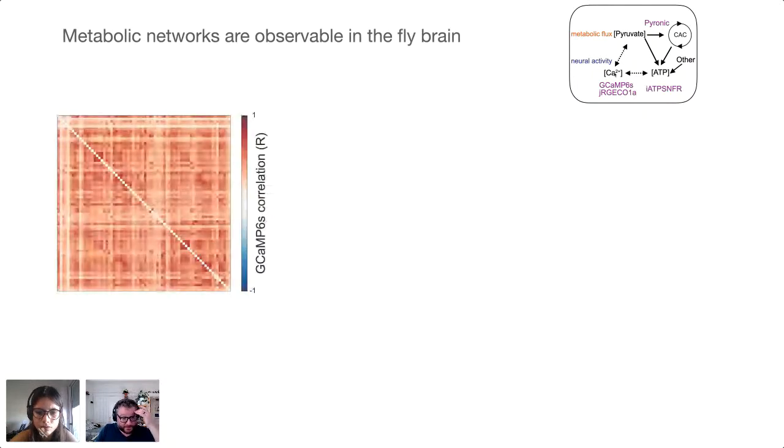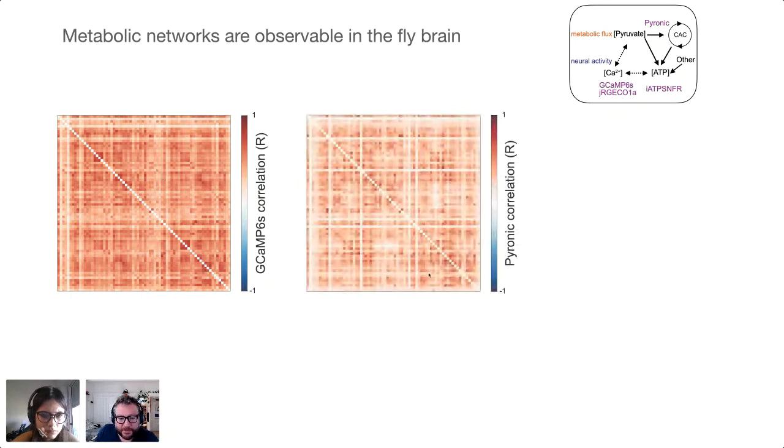So in repeating my previous work with a slightly different GCaMP sensor, we can essentially reproduce it. Again, don't get too bogged down by this other than the fact that there's structure to this. We can see that there is a structured network here. Then if I look at the Pyronic sensor, using the same kind of method, just measuring pyruvate instead, you can see that there are similarities here, hopefully, maybe visible in this diagonal and this little box here, and some other features.